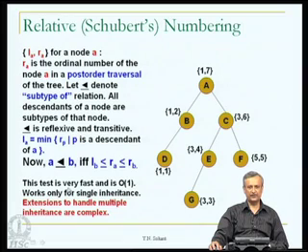This test is very fast, it is O(1), but it works only for single inheritance. There are many extensions of this using slices of these hierarchy trees and implementing them using what are known as PQ trees, etcetera. These are far more complex and beyond the scope of this particular lecture.